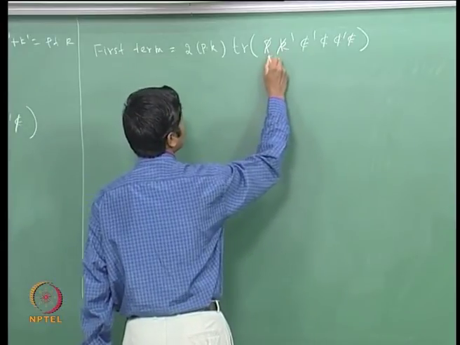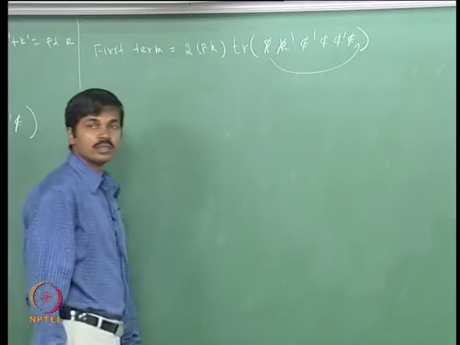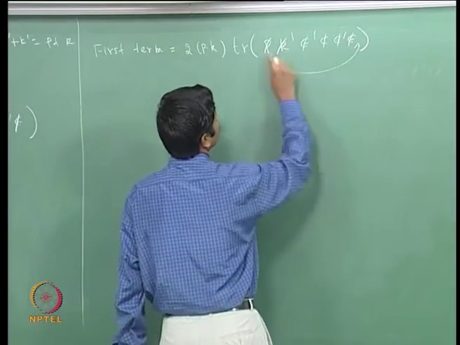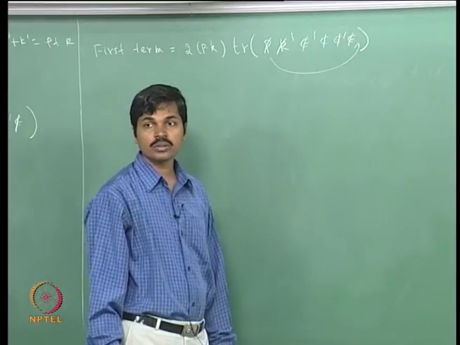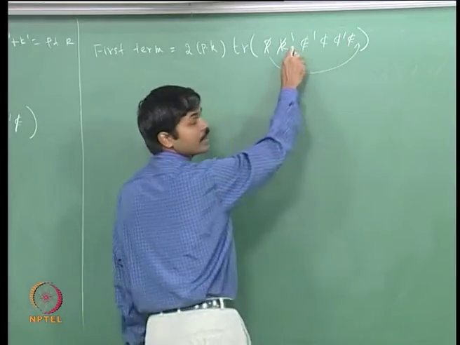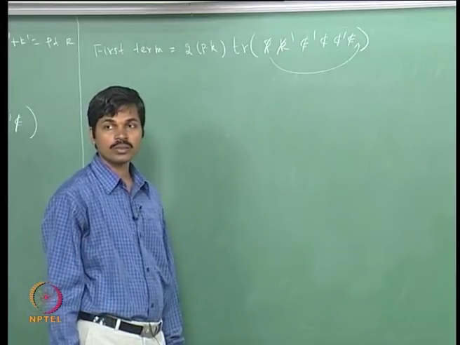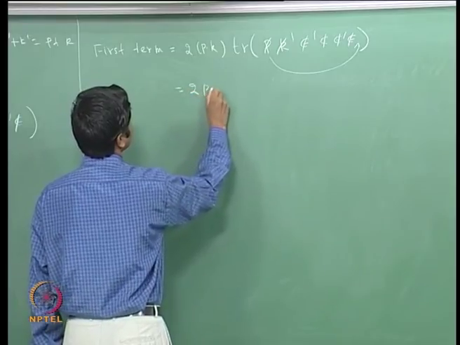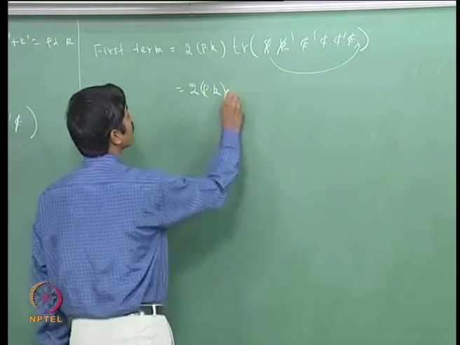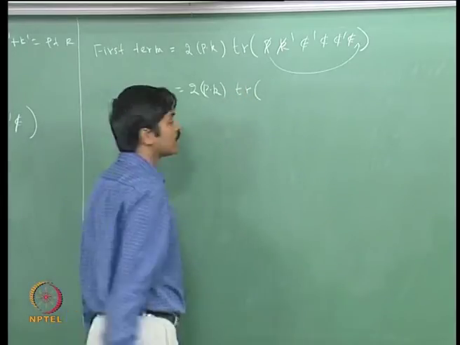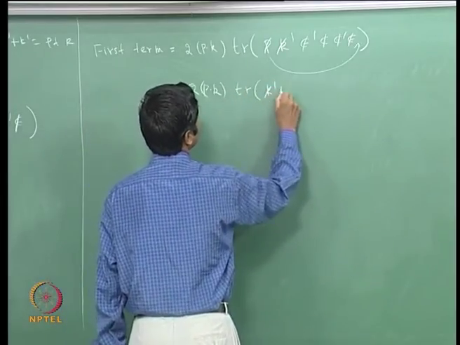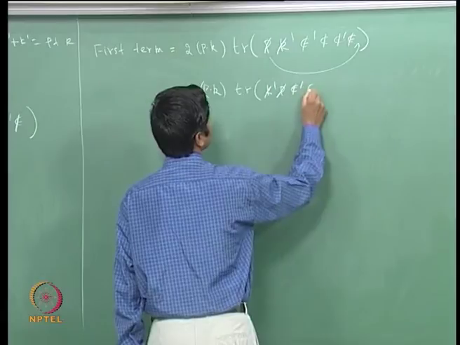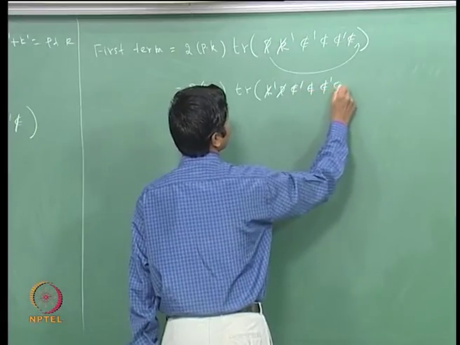So I can bring it here, and then I will use the fact that p dot epsilon equal to 0, then if I pull it here it will get 4 times minus 1, which is again plus 1. So, this quantity itself is equal to twice p dot k trace of k prime slash p slash epsilon prime slash epsilon slash epsilon prime slash epsilon slash.